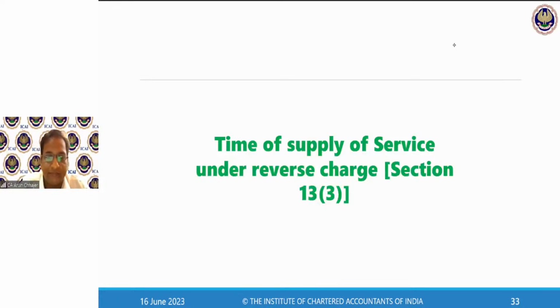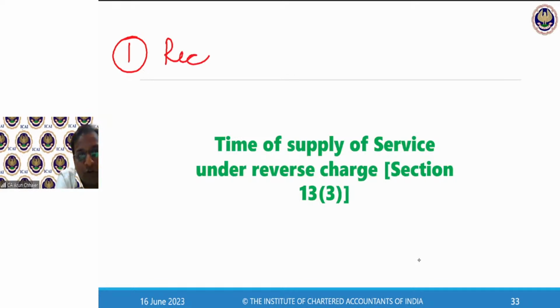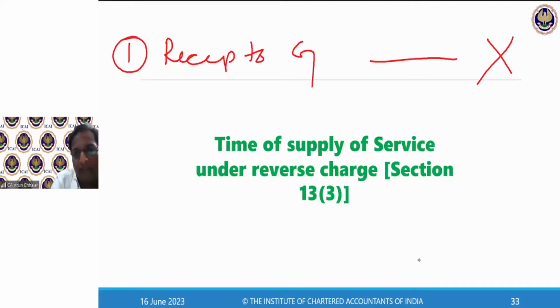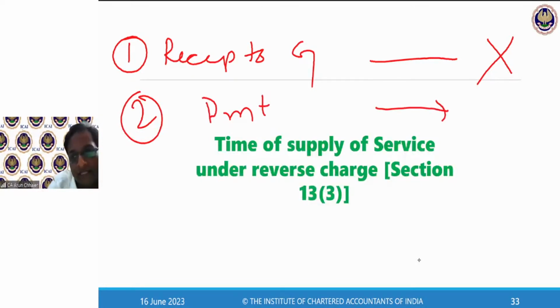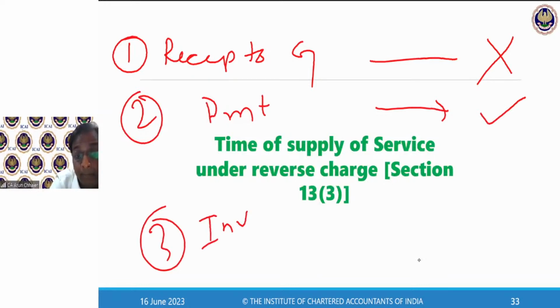Absolutely correct. The first is receipt of goods. Correct. In services, this point is not available. What was the second? Date of payment. Here, same provisions. What was the third? Invoice plus 31 days. Correct, now?